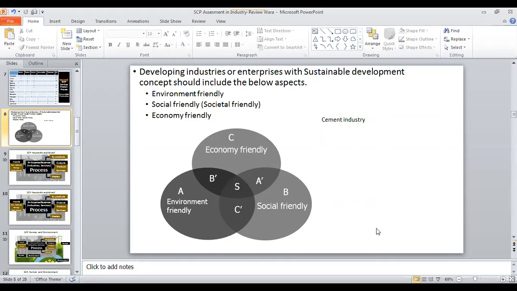We have issues. Okay. But is this economy friendly? Yes. For the construction purposes, we need the cement industry to have cement as raw material. So it is economy friendly to have solutions. Is it social friendly?